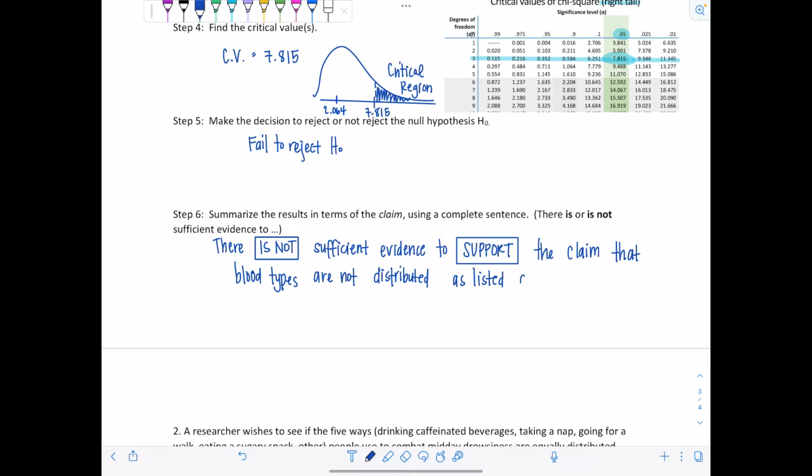I'm not going to list it again, okay? Another way you could say it is, it can be concluded that the percentages are not significantly different from those given in H0.